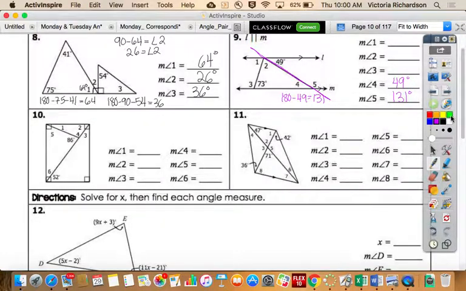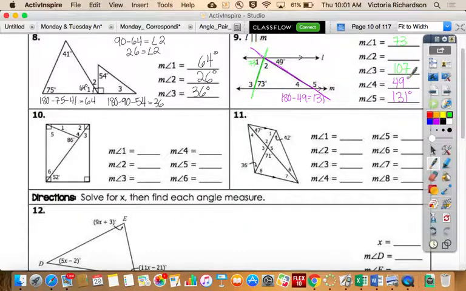Now we have more than one transversal in this. We have another one right here. So if this angle is 73, then I know that this angle right here is going to be 73. And if this angle is 73, I can subtract from 180 to get angle 3, which is 107.